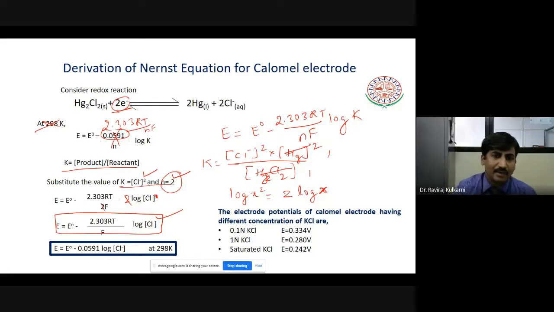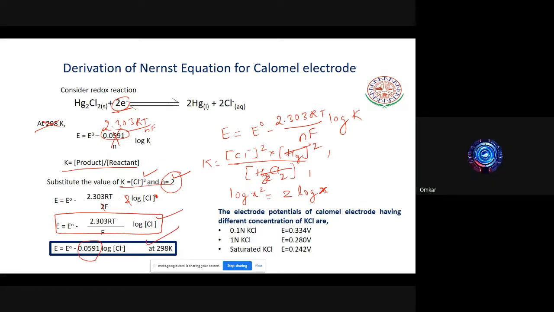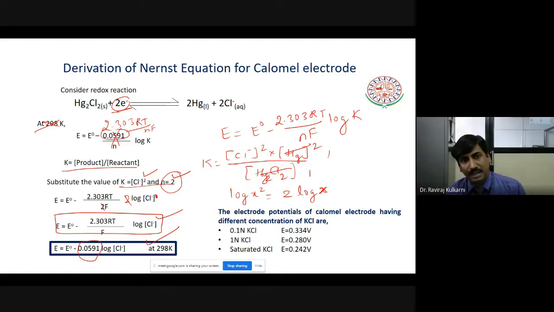So at 298 Kelvin, you can write the value of R as 8.314, T as 298 Kelvin, F as 96,500. If you substitute that, you get 0.0591. So this is the Nernst equation for the calomel electrode.